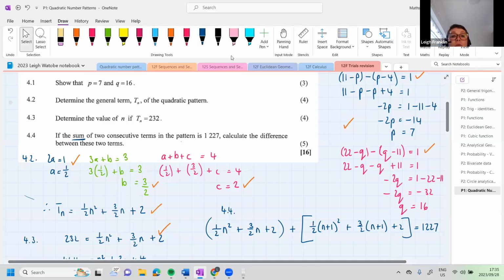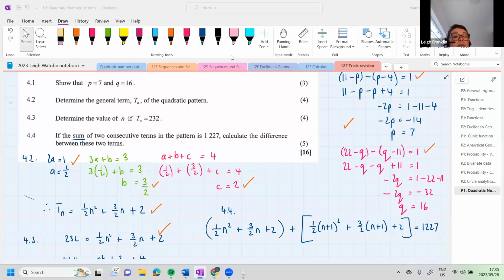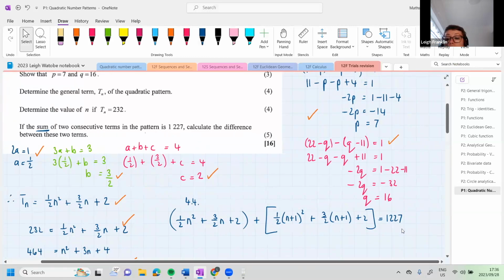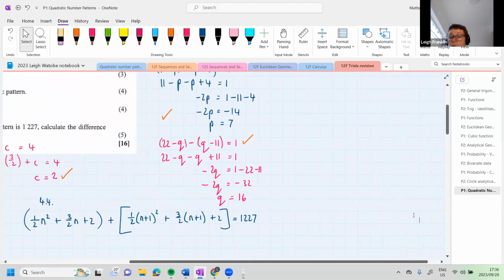The other way that you could choose to do this, hope this is making a bit more sense now. Gugu, you wanted to use n minus 1. You can do that. If you want to use n minus 1, you could do this.